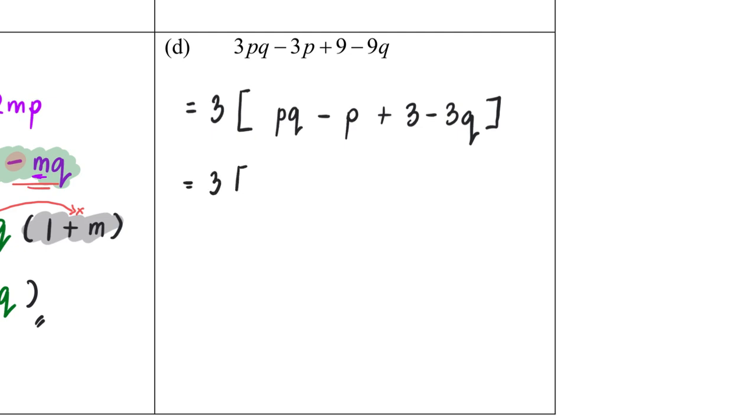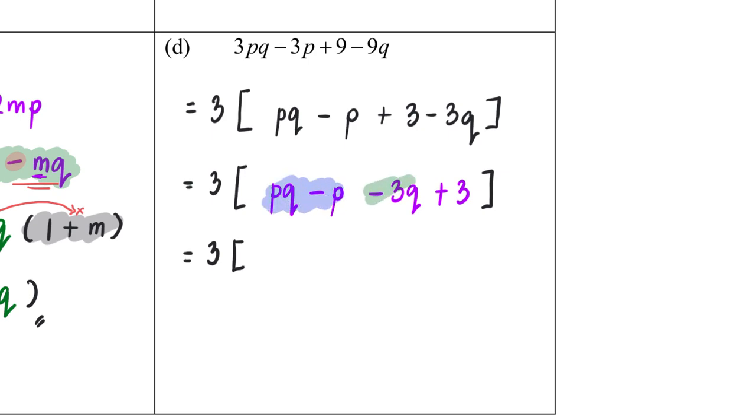And again, from here, I'm going to do some rearrangement because if I were to stick to this current group, my q is the first term, pq minus p. I am going to shift the negative 3q in front and rearrange the positive 3 behind. There's a reason for that, because when I split them into the two groups and factorize, I will have my q minus 1 here, negative 3.